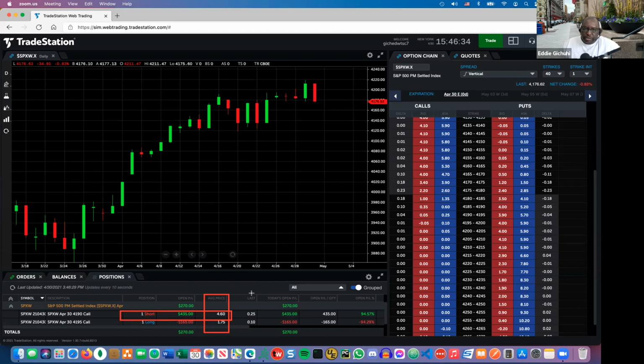And we bought the other for $1.75, which gave us a net credit of $2.85. Is that realistic, based on what you see here in the options chain? It's not. And that's why you should never trust the SIM to give you good value.